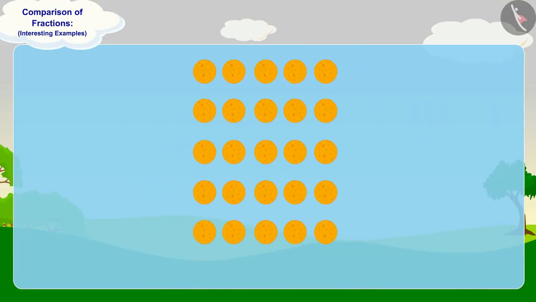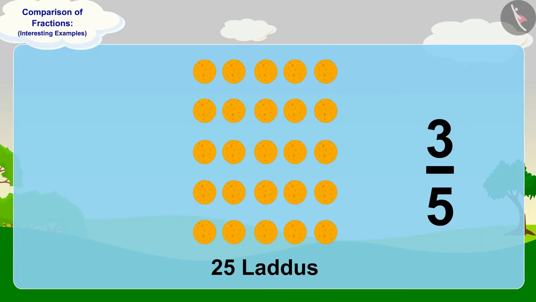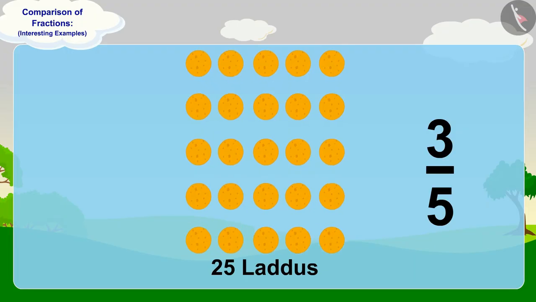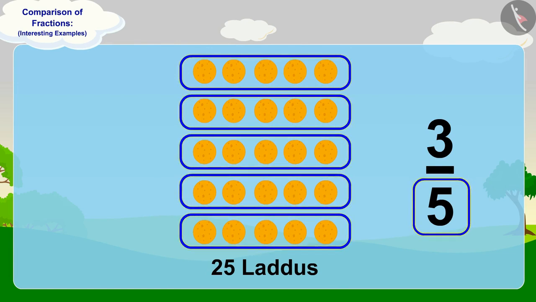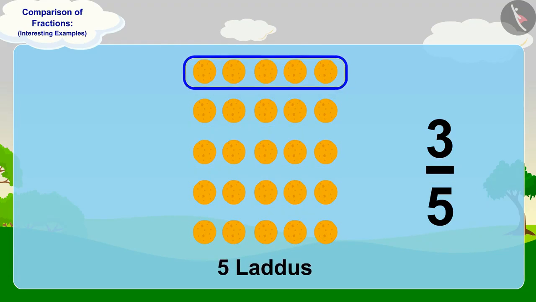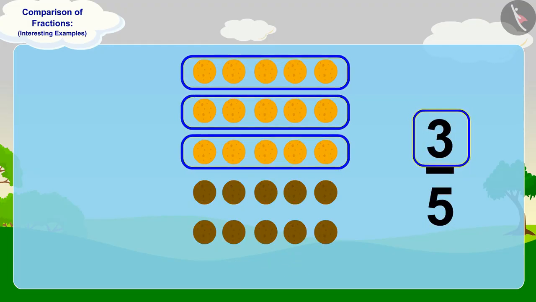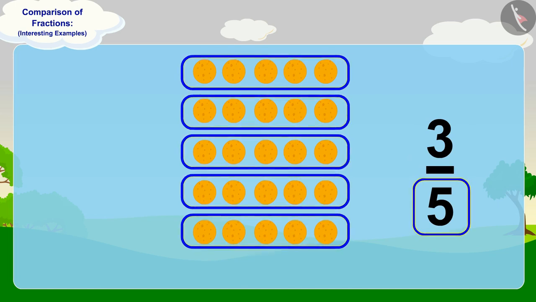Well done, kids! Your answer is absolutely correct. To find 3/5 of 25 laddus, we will first divide the 25 laddus into 5 equal parts. In this way, there will be 5 laddus in each part. Now, to find 3/5, we will take 3 parts out of these 5 parts.